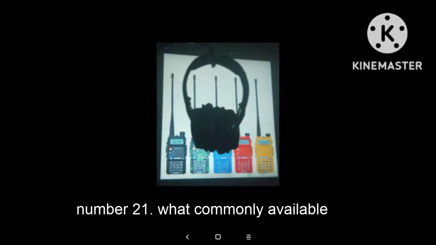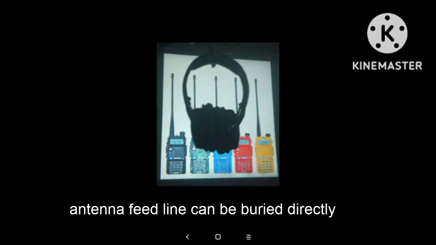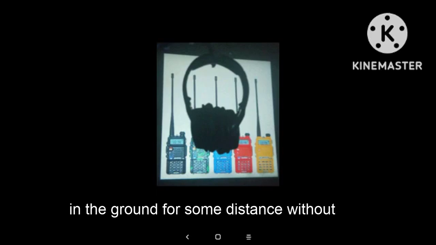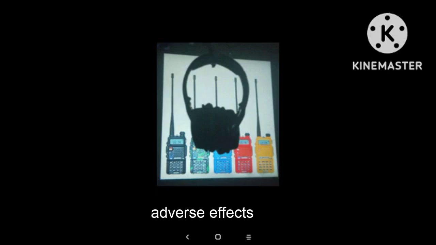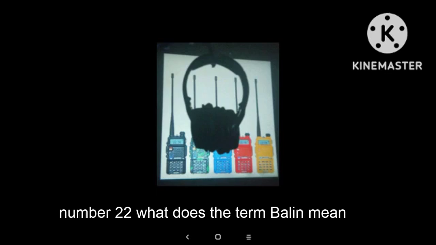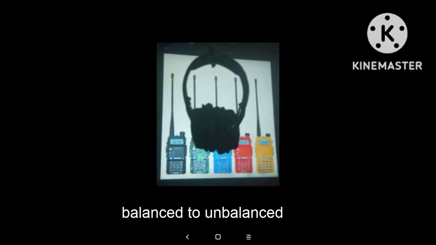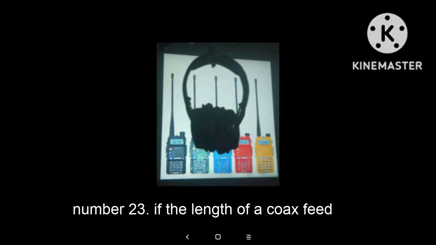Number 21. What commonly available antenna feed line can be buried directly in the ground for some distance without adverse effects? Coax cable. Number 22. What does the term balun mean? Balanced to unbalanced. Number 23.